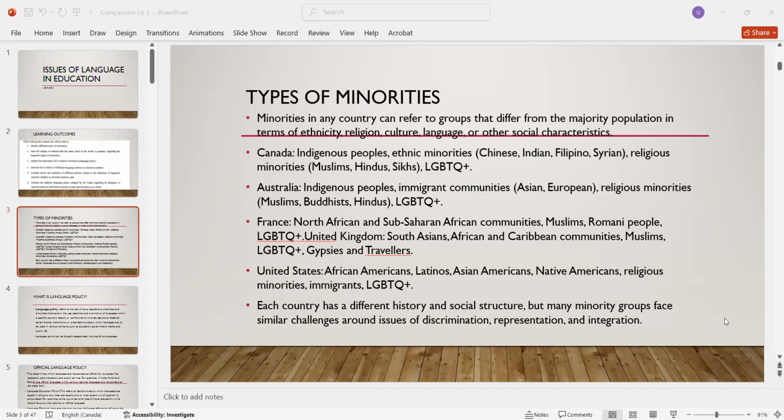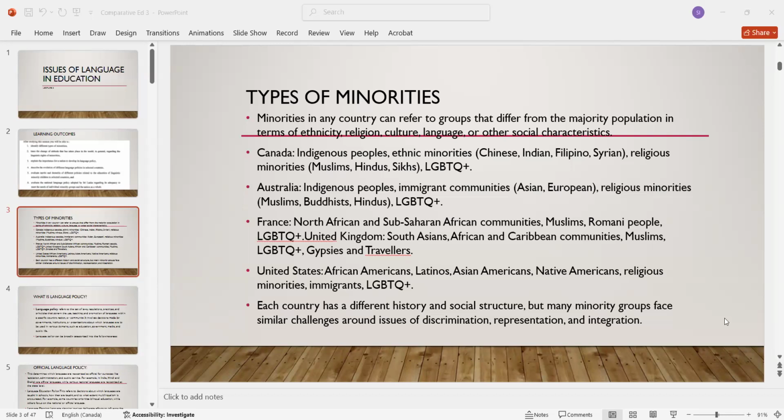In Australia, indigenous people, of course, Aborigines, immigrant communities, Asian, European, and religious minorities, Muslim, Buddhist, Hindus. In France, North African and Sub-Saharan African communities, Muslim, Romani people.